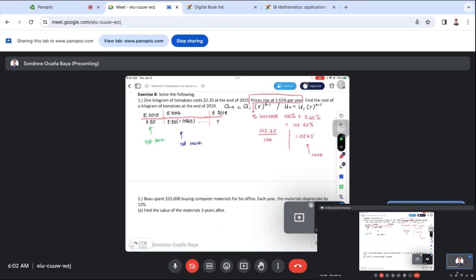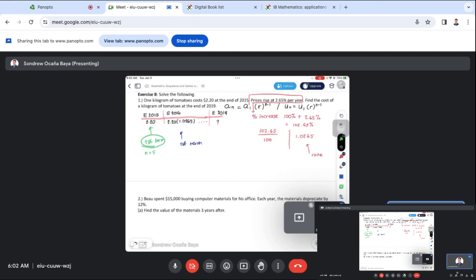It depends on which makes this a lot easier for you to solve and analyze. You have to adjust. So if you go for this, that means within 2015 to 2019, if you try to count it, we have to include 2015 in the count. So 15, 16, 17, 18, 19. So if we consider this as our first term, therefore our n is equal to 5. Because we have to include 2015 in the count.